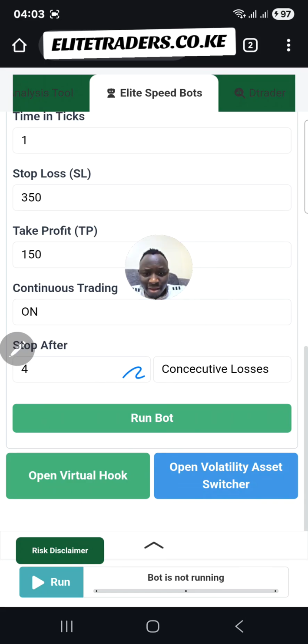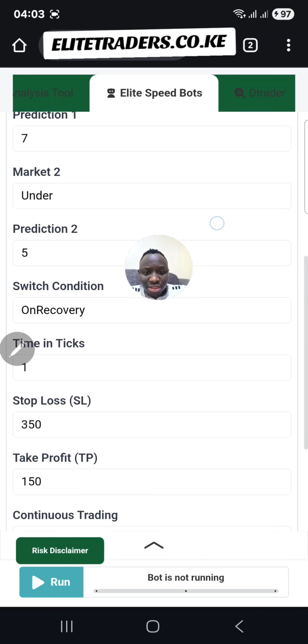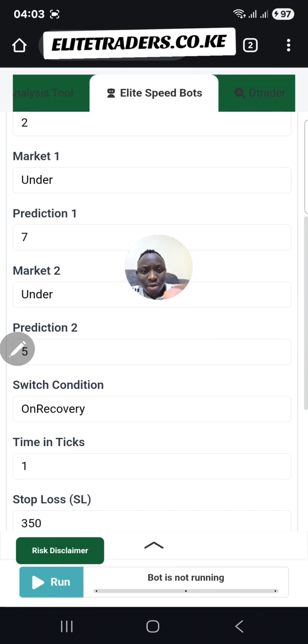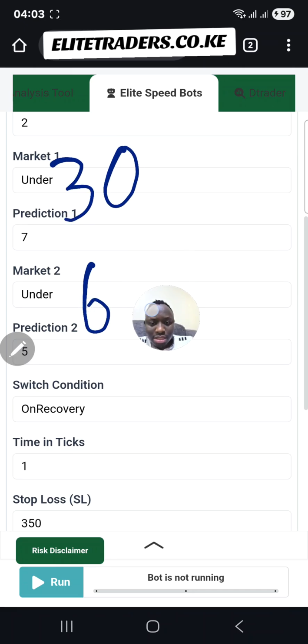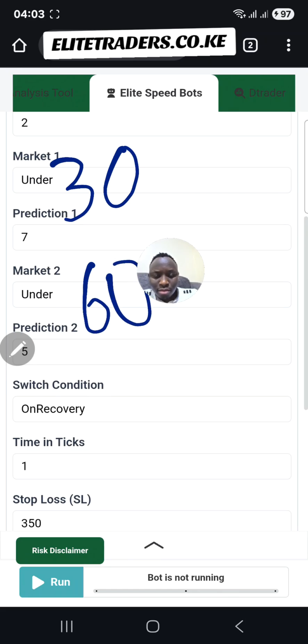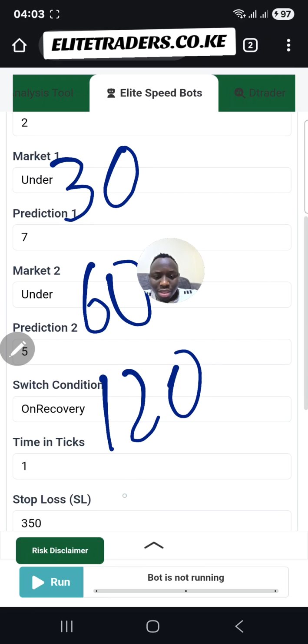Okay, now let's calculate our stop loss. Where should our stop loss be? So we are staking 30. Our second loss will be 60. Then our third loss will be 120. The other one will be 240.